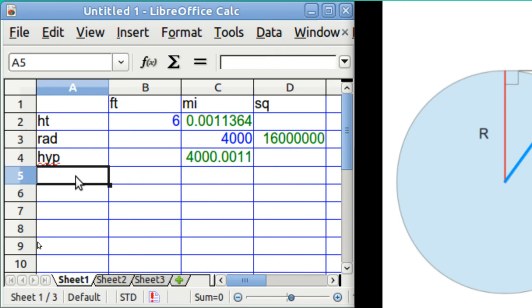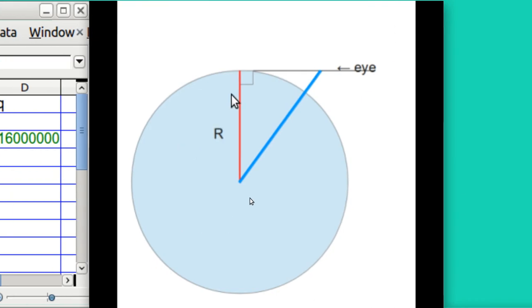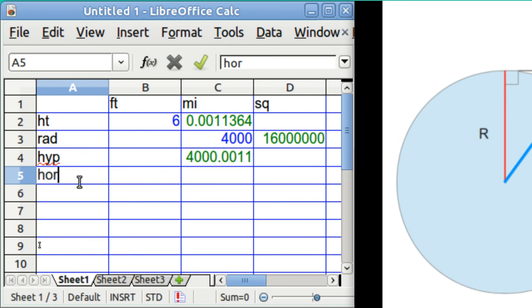Down here, we're going to label this the component that you can see. That's the horizon line. That's going to be from here where it touches the ground to your eye. And in this case, my eye is 6 feet off of the ground. And that's what I want to compute.